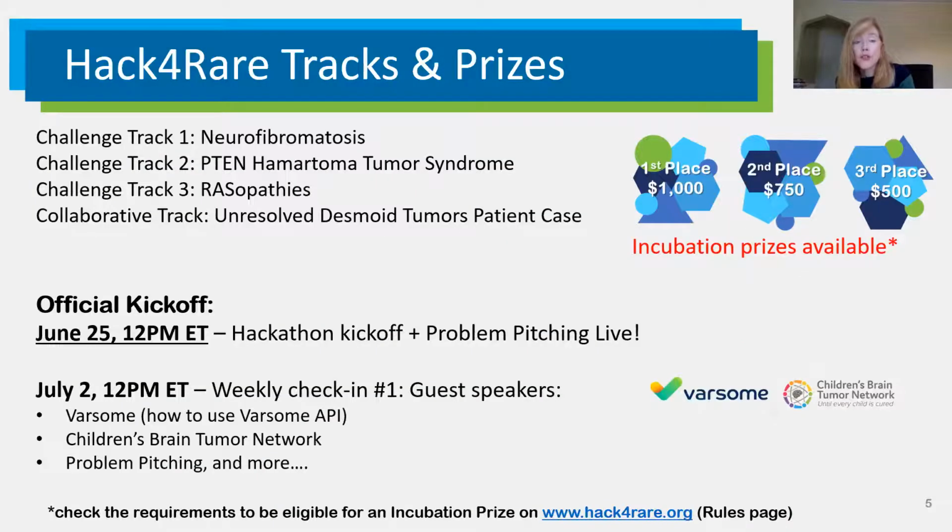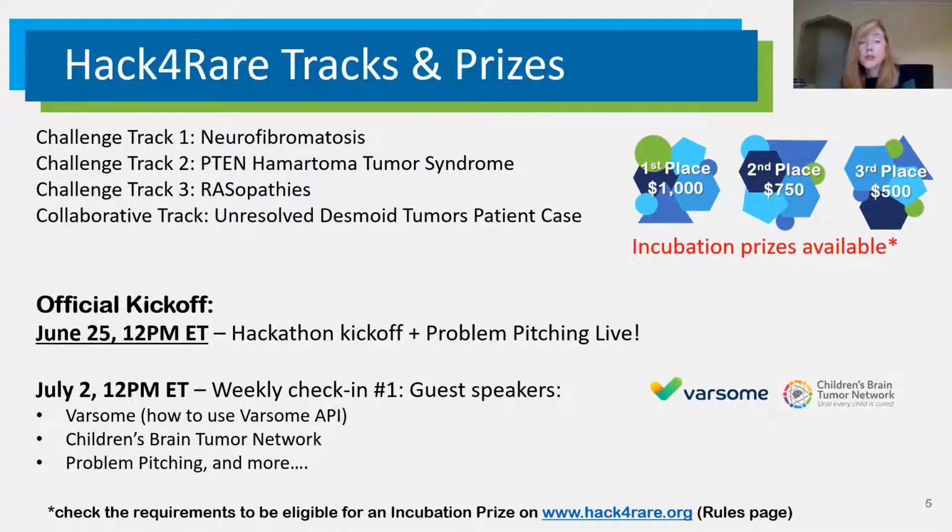And so here's just a quick overview of our tracks. So this year we do have 4 rare disease tracks. The challenge track number 1 is our neurofibromatosis or NF track. On track 2, we have the PTEN Hamartoma Tumor Syndrome Foundation, RASopathies on challenge track 3. And we have a special collaborative track hosted by Research the People, which will focus on an unresolved desmoid tumors patient case.